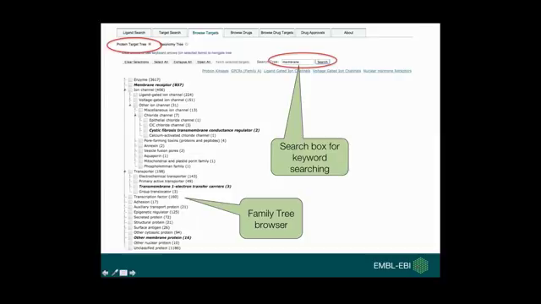Once you've checked all the boxes you're interested in, you can then fetch the selected target and then have a look at the data associated to them. A useful thing that we've added, I believe, in the last release was the ability to click on these hyperlinks up at the top to do the searches for you. So we found that a lot of people were just interested in the protein kinases.